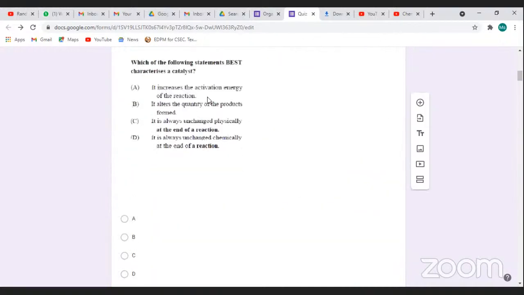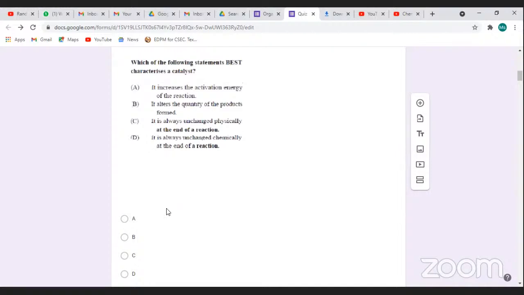All right, which of the following statements best describes a catalyst? It increases the activation energy of the reaction. It alters the quantity of the products formed. It is always unchanged physically at the end of the reaction. It is always unchanged chemically at the end of the reaction. Now the answer here, D?